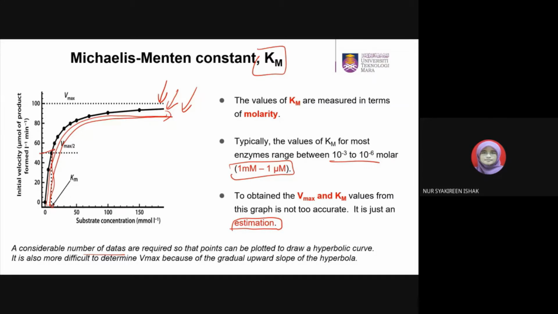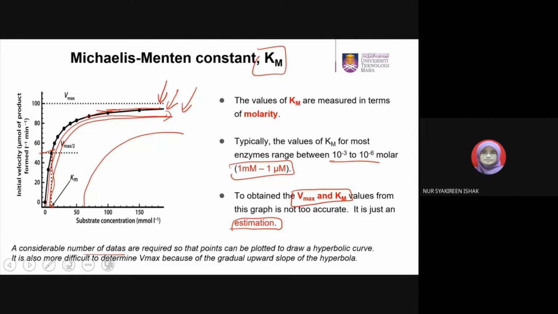It is also more difficult to determine the Vmax value because of the gradual upward slope of the hyperbola. At which point do you actually stop, because the rate is about the same once it starts to reach Vmax. So when you use this hyperbolic graph to get the values of Vmax and Km, it is just an estimation.